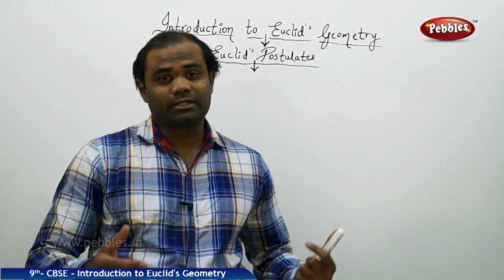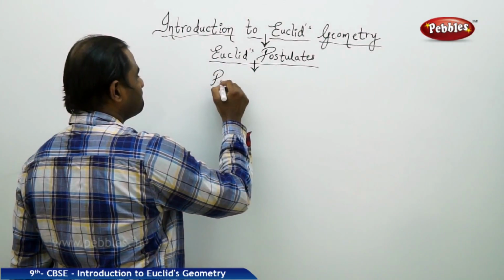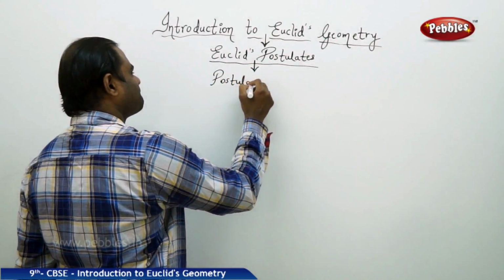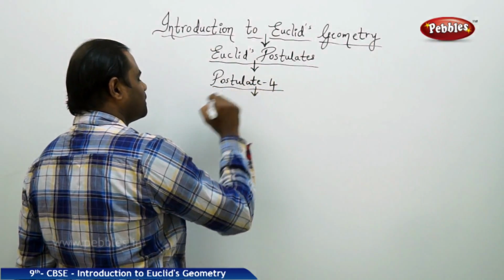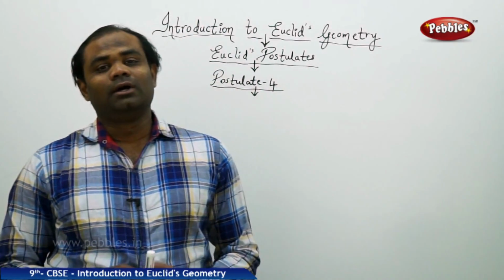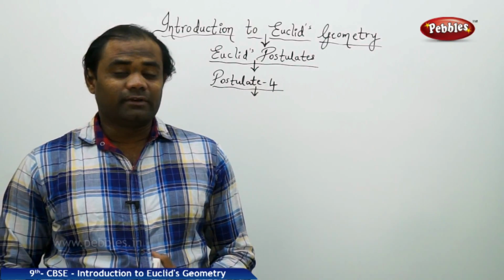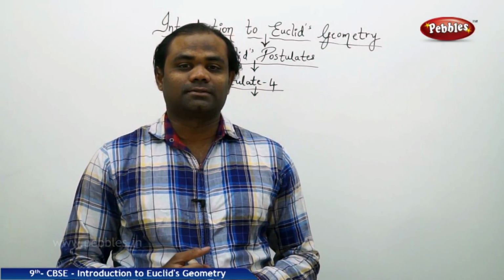Next comes postulate number 4. Now Euclid is also known for investigating many mathematical properties in right angle triangles.